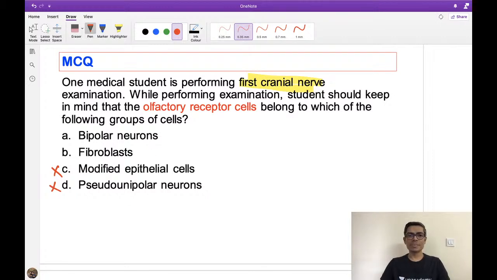All of these are pseudo-unipolar neurons, but this is under the special sense. So here the receptor cells are also special, right? So here the receptor cells are located on a bipolar neuron. Sumanto has given a very good answer.